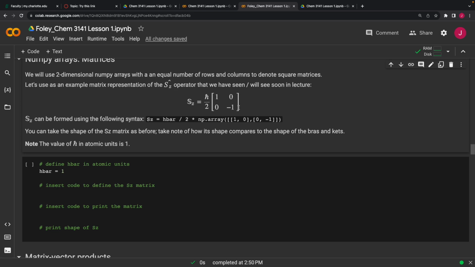This is totally equivalent to h bar over 2, 0, 0, minus h bar over 2. This simply means multiply every element of your matrix by this number, h bar over 2. People traditionally write this matrix with the h bar over 2 factored out in front, so I want to show you that notation.